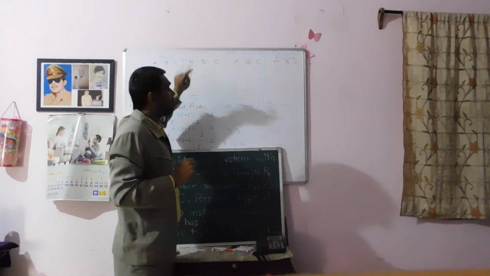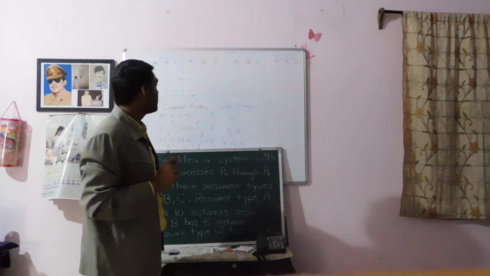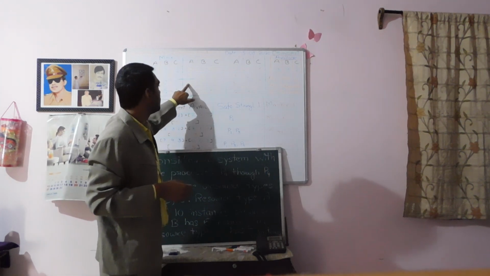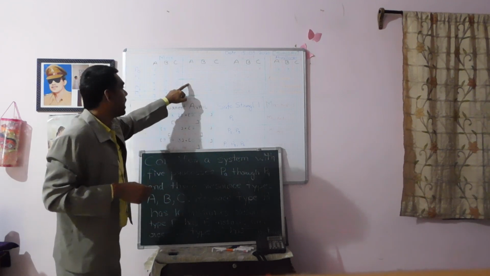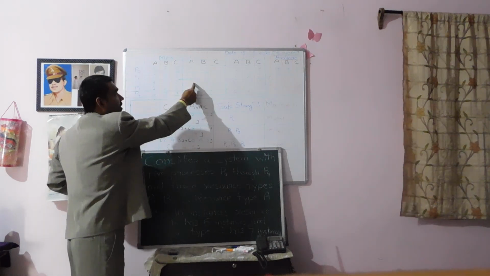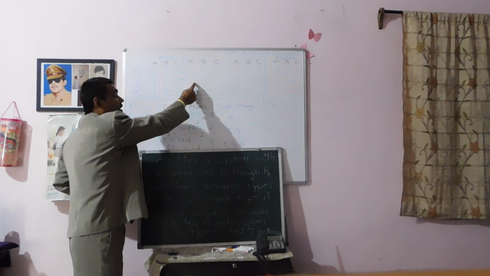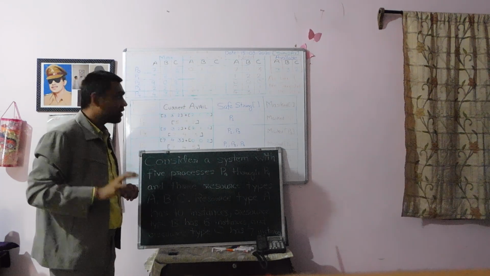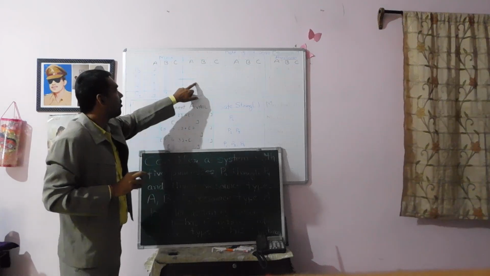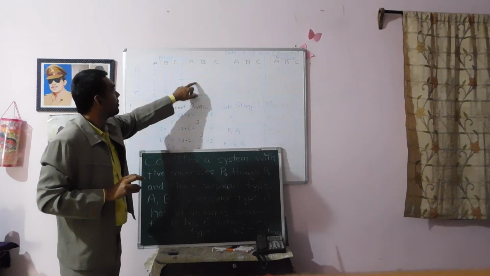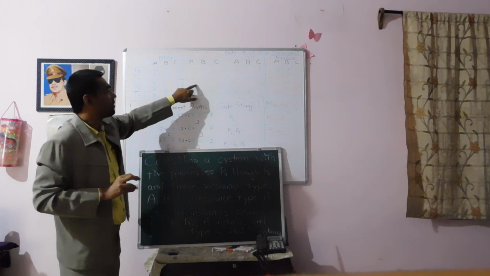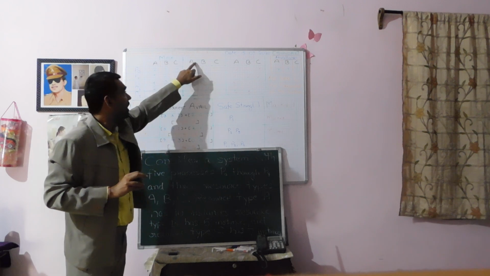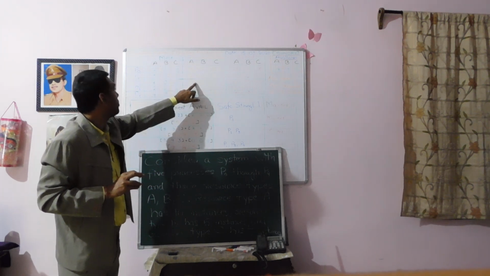Now coming to allocation. If I go to any cell, like this value 3, it specifies the allocation that is made of resource type A. So 3 instances of resource type A are allocated to process P2.